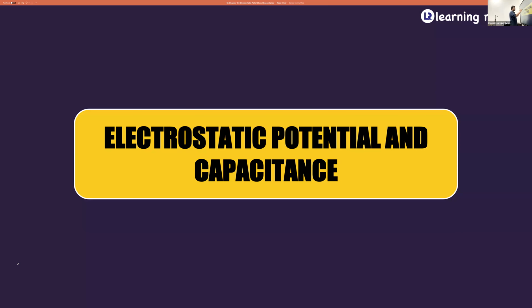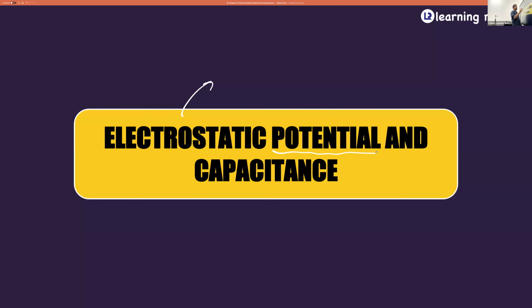So here, if you see the chapter number 2, it is called electrostatic potential and capacitance, right? Now, if you see the previous chapter, it was called electric charges and fields. So what did we mainly discuss in the chapter? We saw how the charges were distributed and what were the fields that were generated due to the different distribution of charges, right? So that's what we saw.